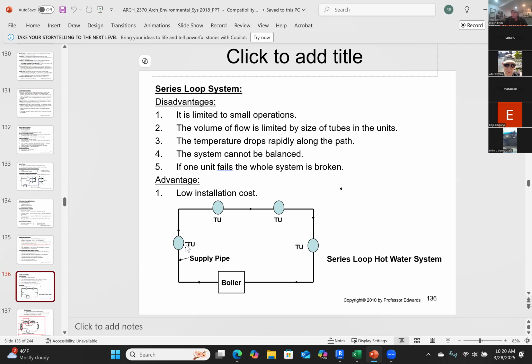And the water that comes out the other side, obviously, will be at a lower temperature, which means that the water that goes into this next terminal unit is at a lower temperature than the water in this side of the supply line, because we've extracted heat from it in order to heat this room.